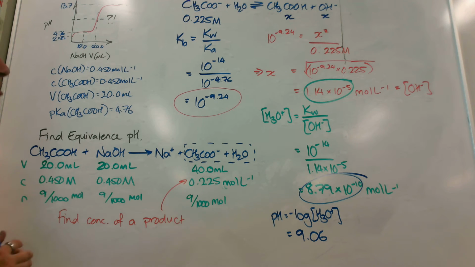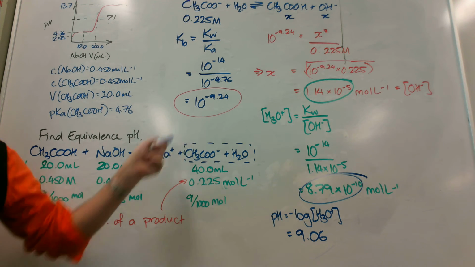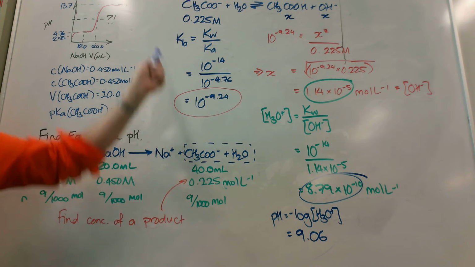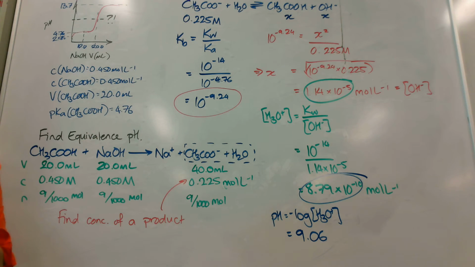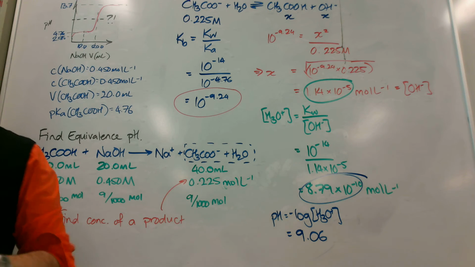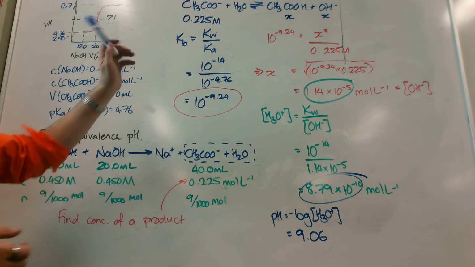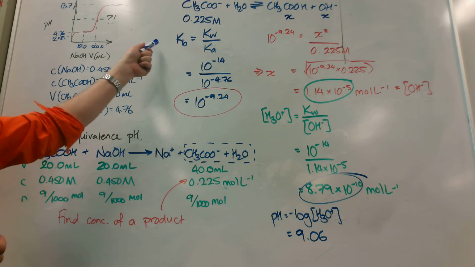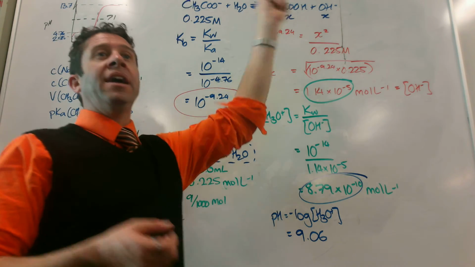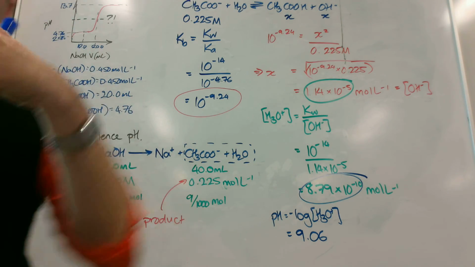Step 2: show that the important thing you've worked out the concentration of is dissociating with water, because that is going to happen at the equivalence point. If it's an acid, this is a Ka. It won't be. It'll be a base. So if it's a base, you need to realise that it's going to have hydroxide made, so you're going to have to work out Kb.